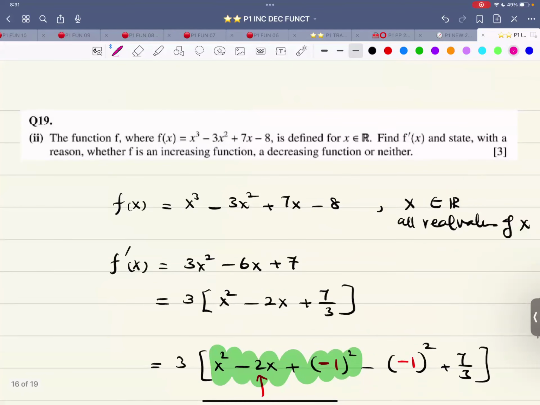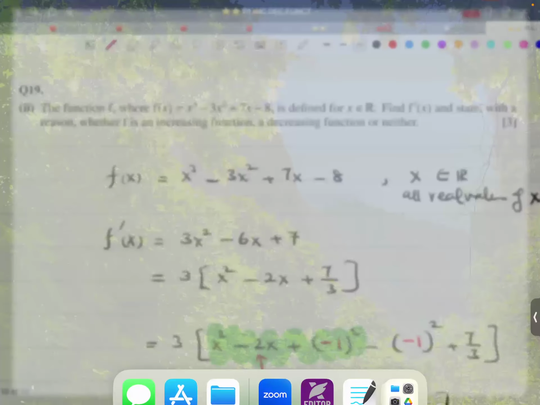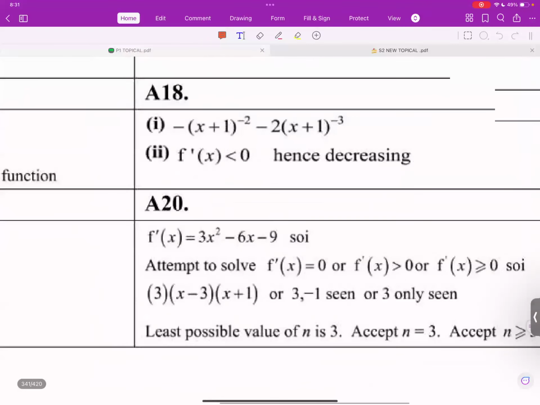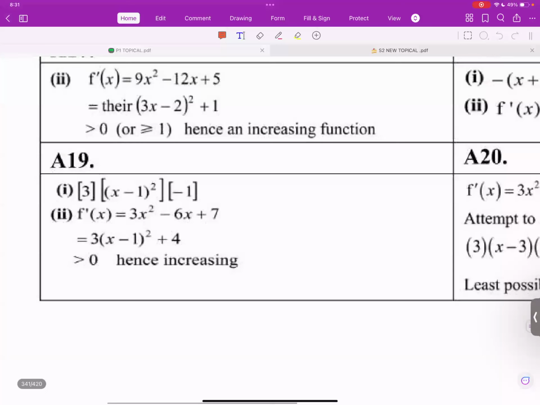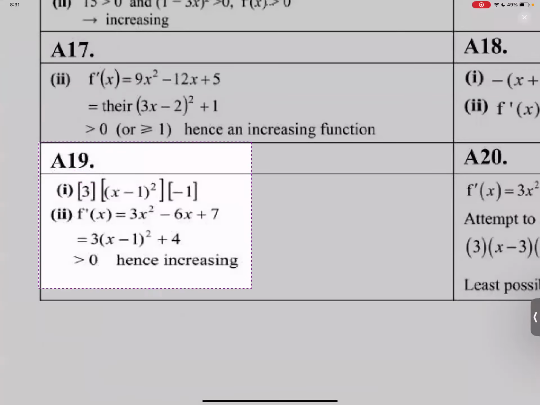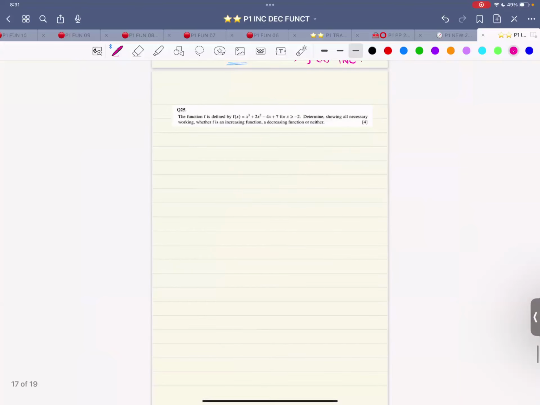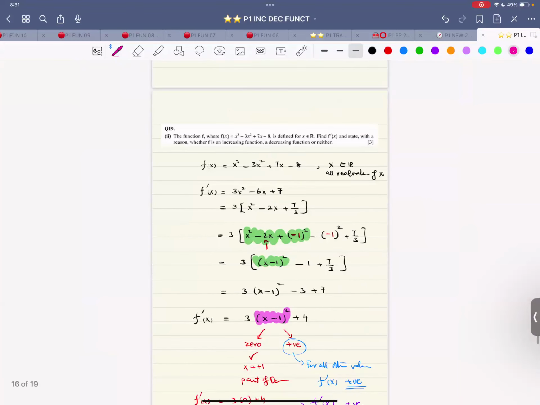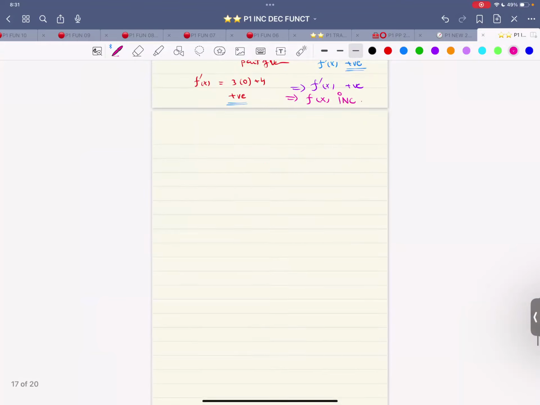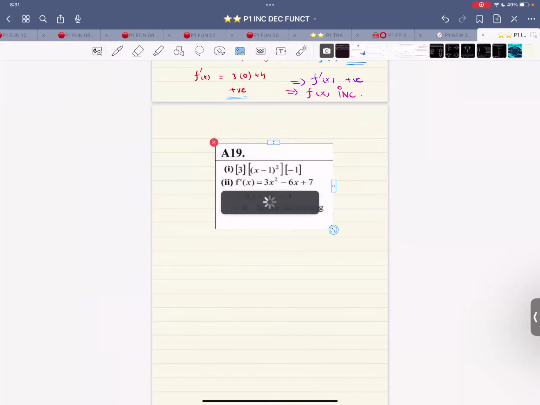Let's also have a look at this marking scheme. That is question number 19, so that we can have a good idea what you can expect from the examiner. Now, they have written this, that this is 19 over here, and that is the working that they have shown. Actually, there is one more question, my bad. I need to do that, and that's very, very important.